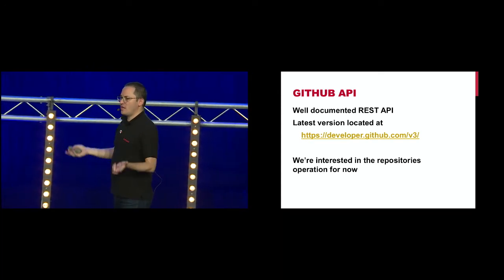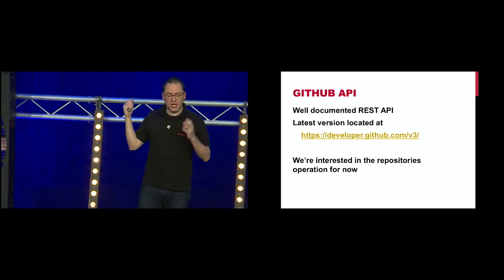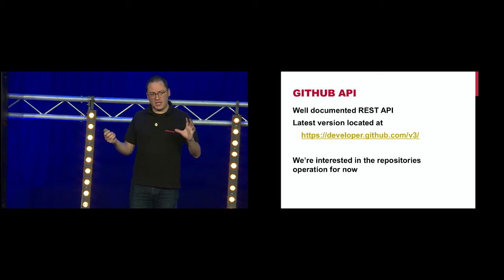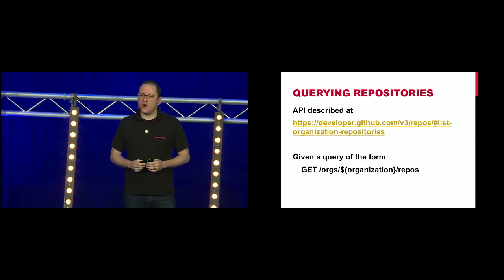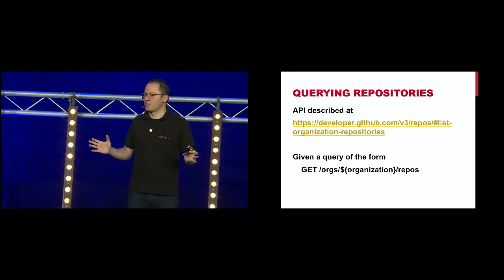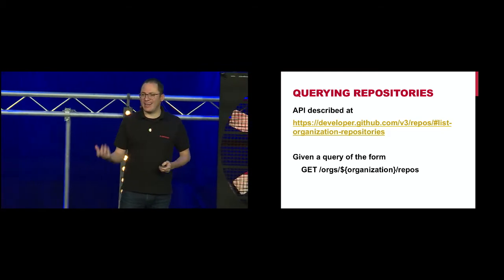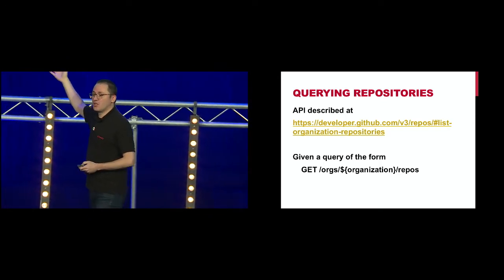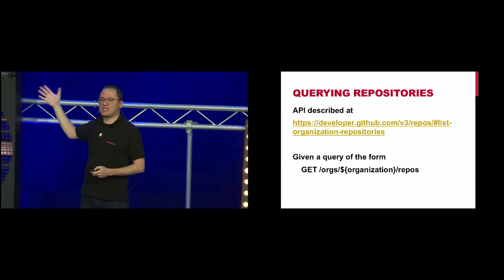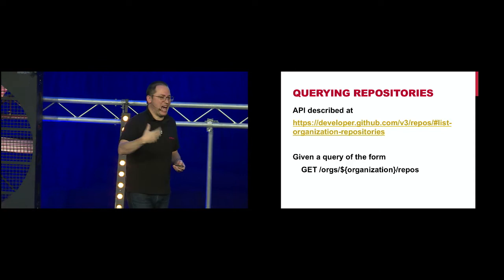You can learn many things about how you can shape your own REST APIs if you want to. Now, because it's so big, we're going to be interested in just a fraction of the operations. Specifically, we're only going to query repositories. So if you want to know the repositories belonging to a particular owner, whether it's a user or organization, that's the URL. You need to read the documentation so you can see what elements can be sent into the GET or the POST query, and then what elements you get out as a result.